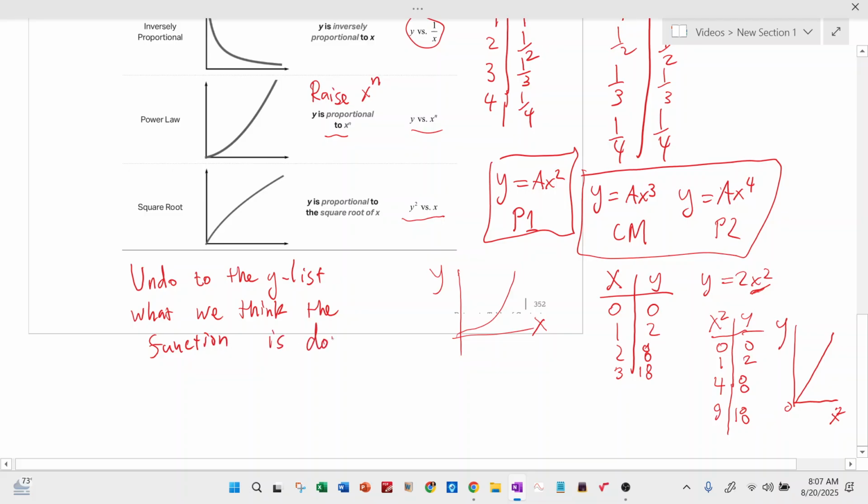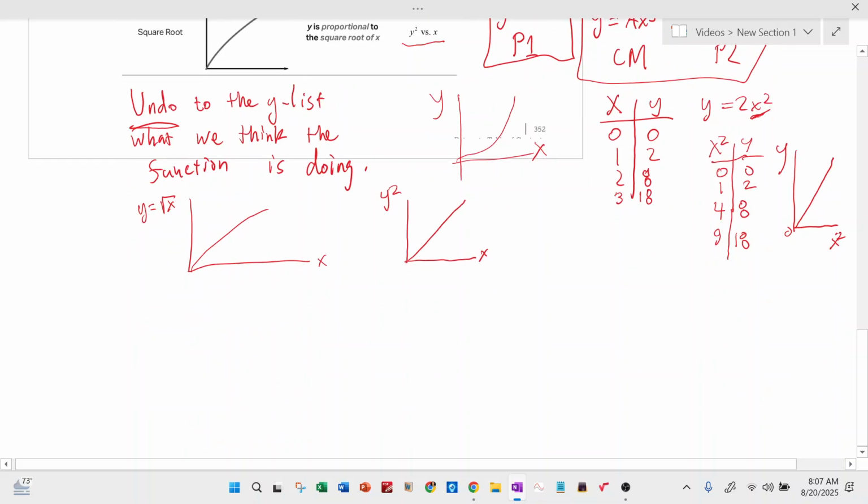Okay, so what's our example of that? Well, if we've got a plot like this, and this is x, and this is y equals the square root of x, well, the function is taking the square root of x. To undo the square root, you square. So that's why we predict that y squared versus x will plot as a line.